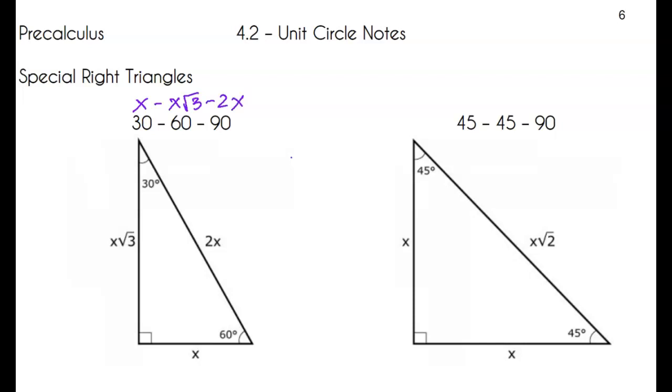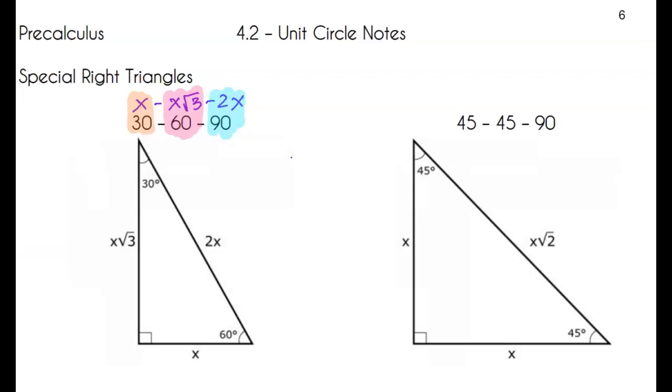What this means is the side across from the 30 will always be x. The side across from the 60 will always be x square root 3. And the side across from the 90 will always be your 2x. No matter what your values are, they will always hold this exact ratio.